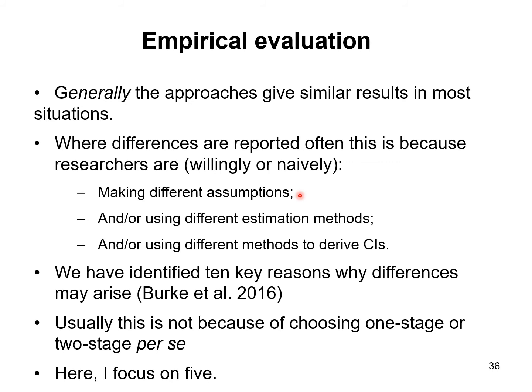Well, that is an assumption, and it may borrow information across studies and therefore lead to different answers. They may use different estimation methods. You could use REML in a two-stage and maximum likelihood in a one-stage. Well, they're different methods. REML's often better. You're going to get different results potentially.